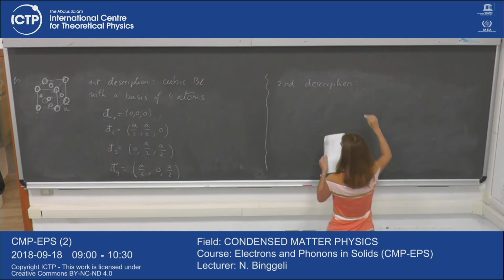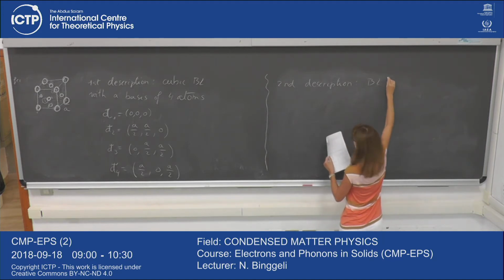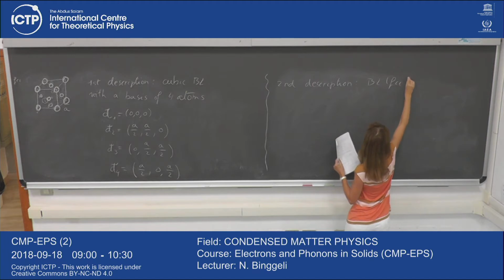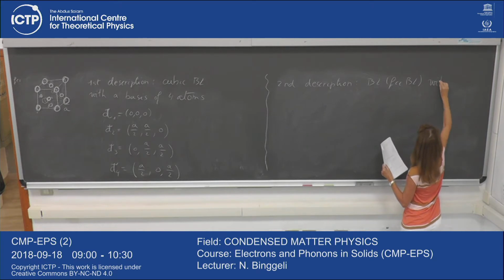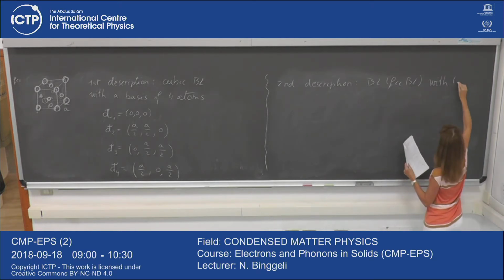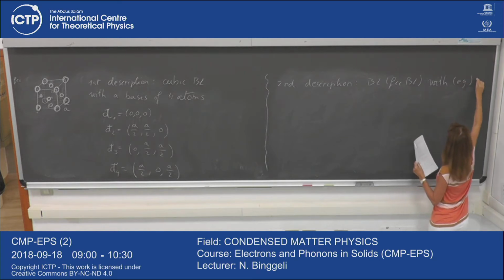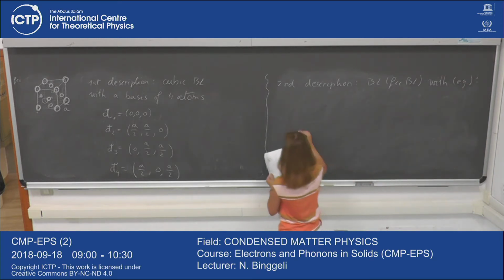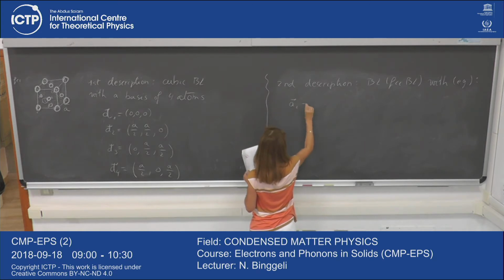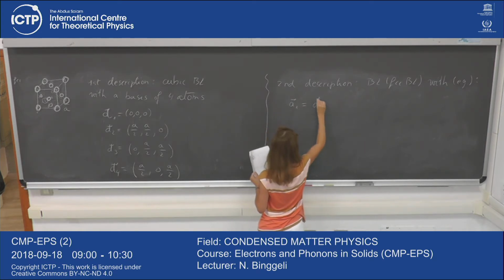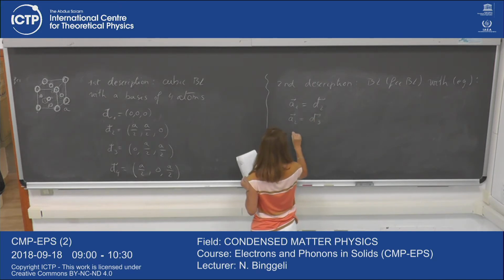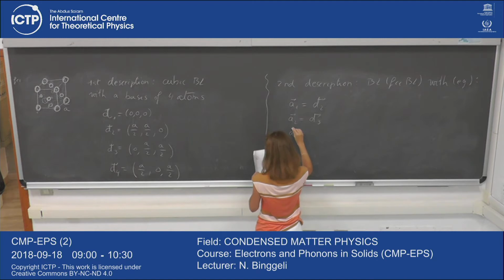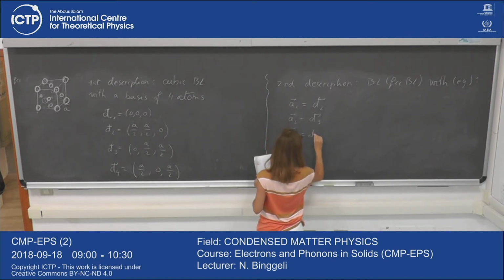So it's just the FCC Bravais lattice, with as primitive vectors, for instance, a1 is equal to d2, a2 is equal to d3, and a3 is equal to d4.